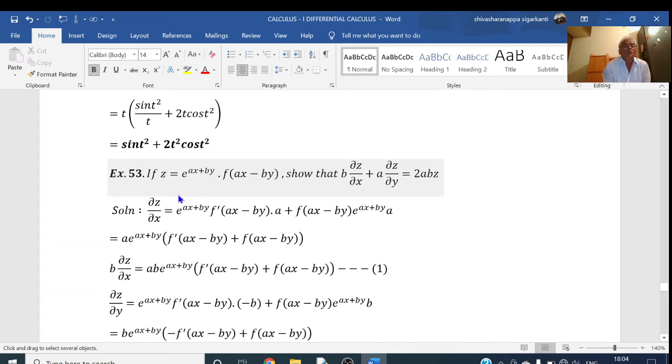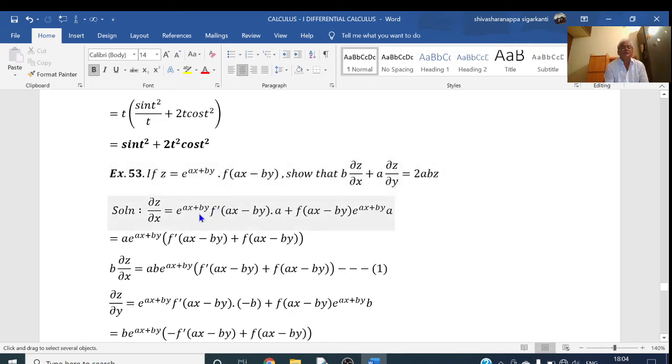First we find out dou z by dou x. Here z is a function of both x and y. This consists of x and y, this also consists of x and y. Therefore, we have to use the product rule here. This is the product of the two functions.